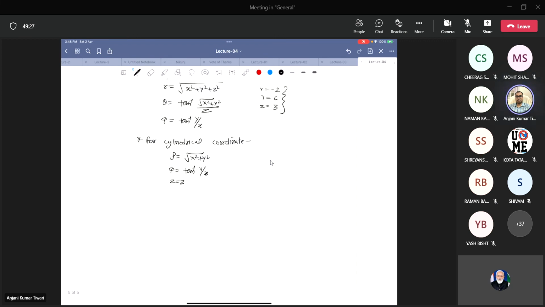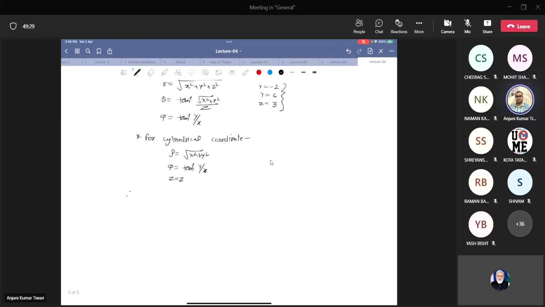And if you put all these values, the point P, which was -2, 6 and 3, in spherical coordinates will be 7, 64.62 degrees, 108.43 degrees.